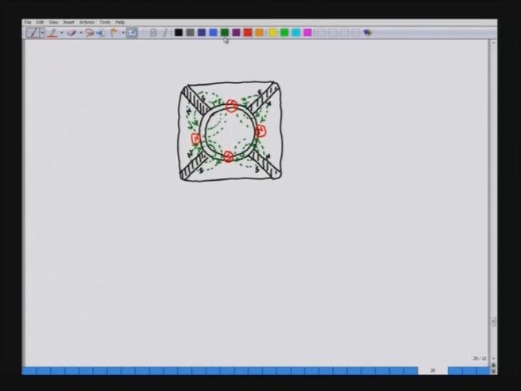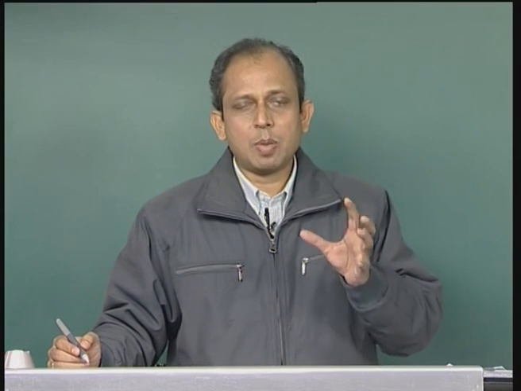Fluxes will be going out of this north pole like this, and fluxes will be entering a south pole like this. Here also we have a south pole, flux will be entering, and we have a north pole here, flux will be going out. So, we have seen an example of the field structure of a DC motor having samarium cobalt.